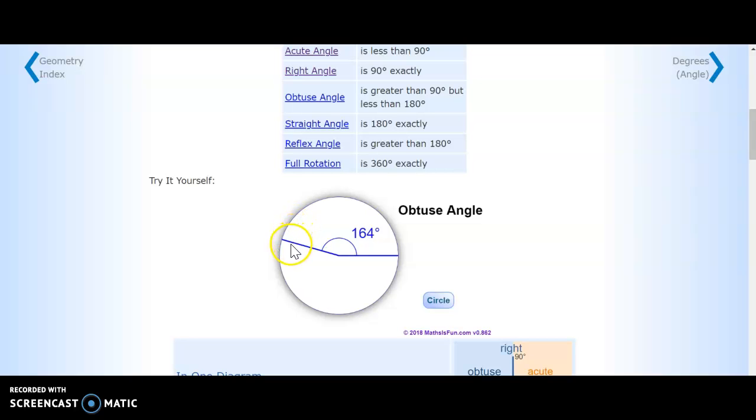What's going to happen when I get to 180? It's going to be a straight line. What have we got after a straight line? Yeah, reflex angle. Look, I can go a bit crazy with my reflex angle all the way around to a full rotation at 360 degrees. You can have a play with this if you click on the link. Fab.